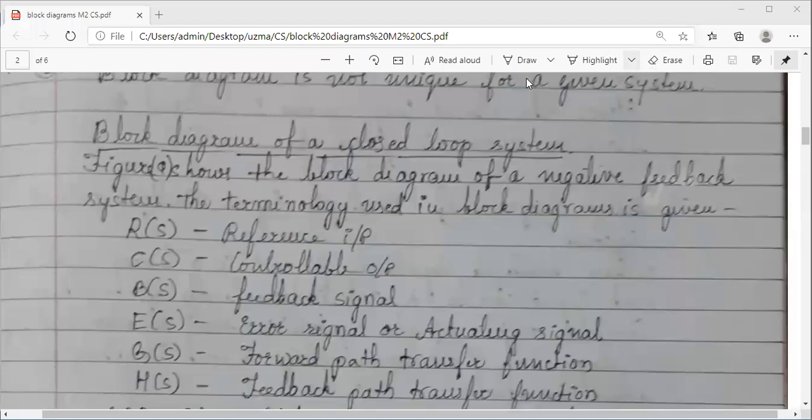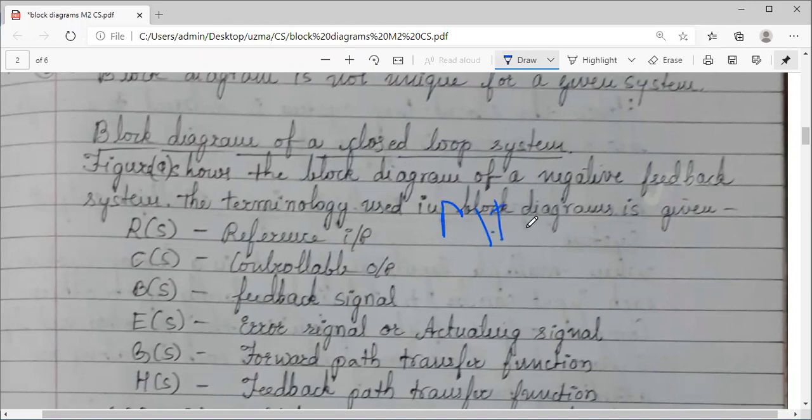In today's session, we are going to look at the block diagram for a closed loop system, which I have already given you the link for, but still let me repeat this. As well as we will look at the block diagram for MIMO, that is multiple input, multiple output system.